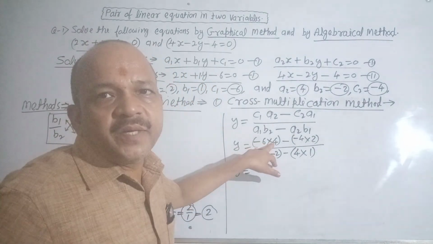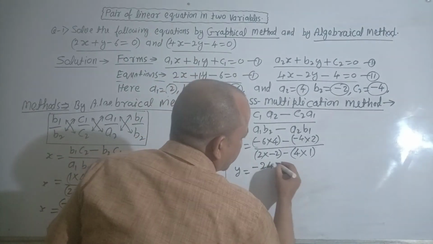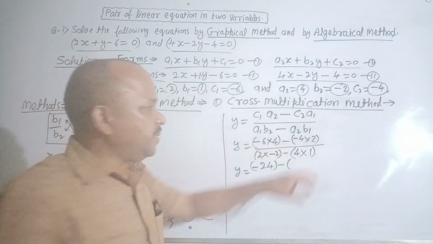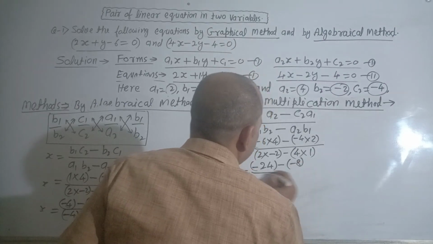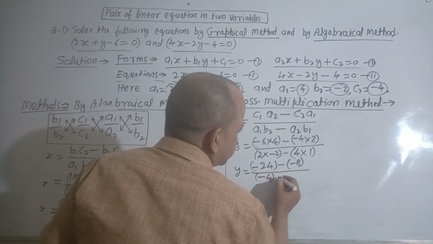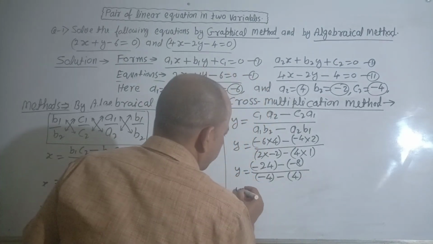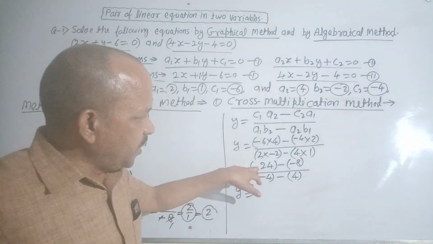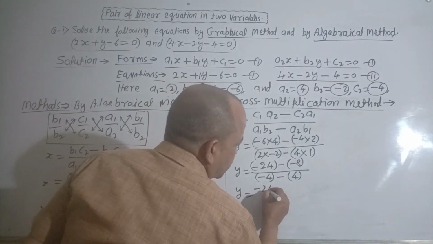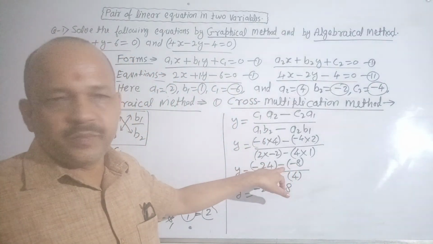Minus 6 multiply 4 become minus 24. Minus 4 multiply 2 become minus 8. Minus 2 multiply 2 become minus 4. 4 multiply 1 become 4. Here minus 24, here minus and minus become plus 8.